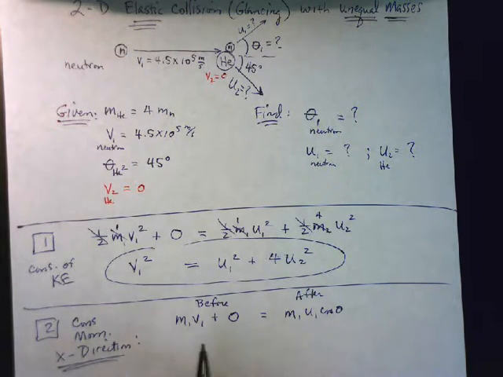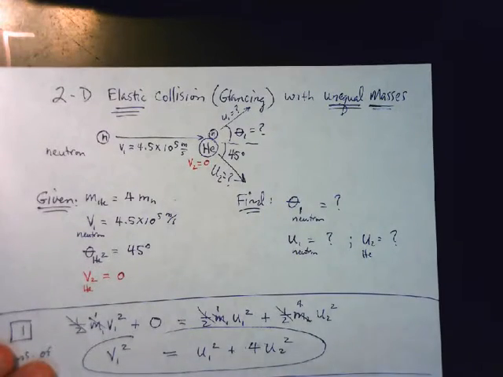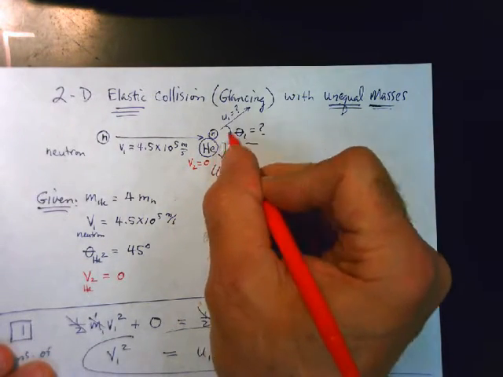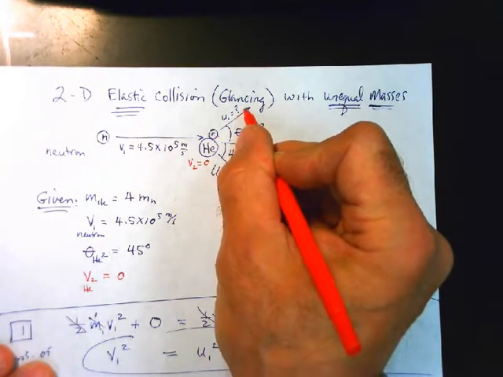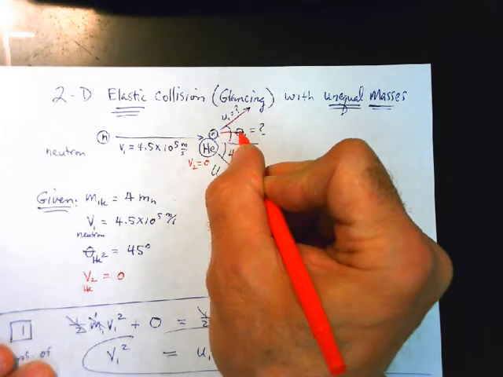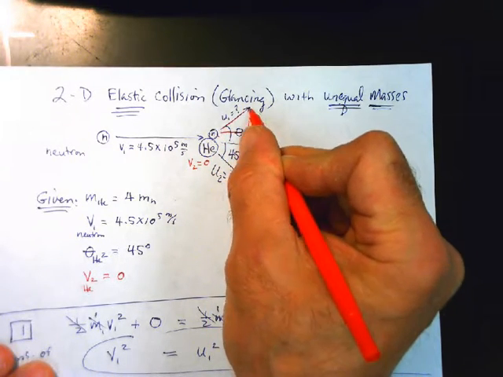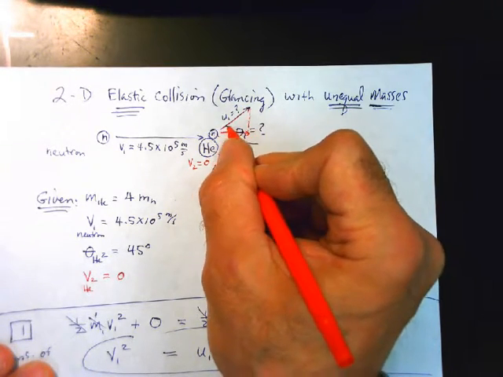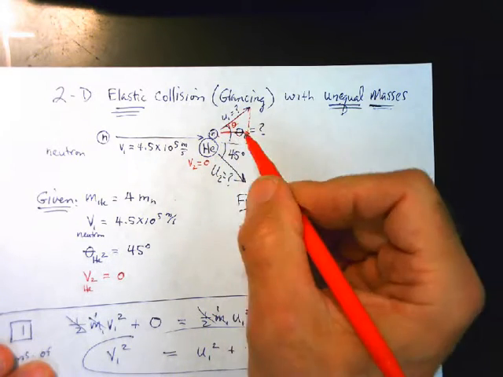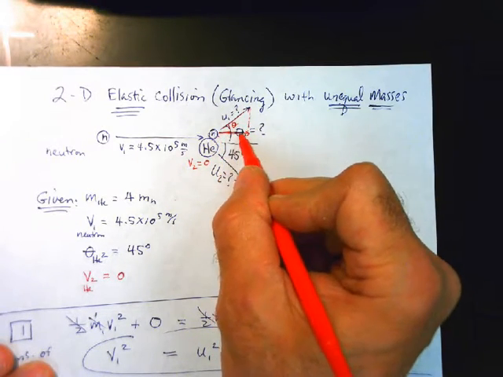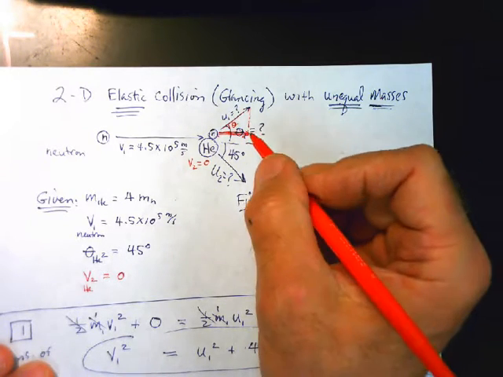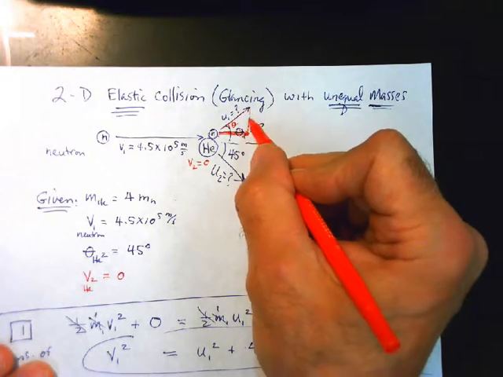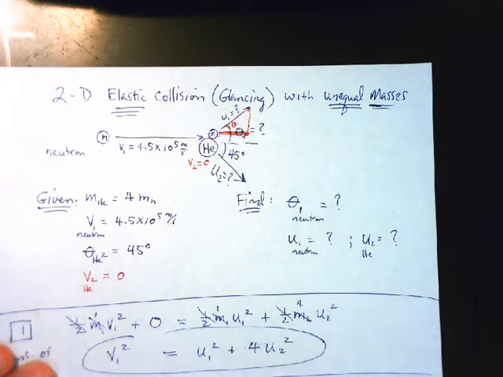If we look back up here, this top vector has a horizontal component and a vertical component. This is angle theta. This horizontal component here is the cosine component, right? This vertical component would be the sine component.